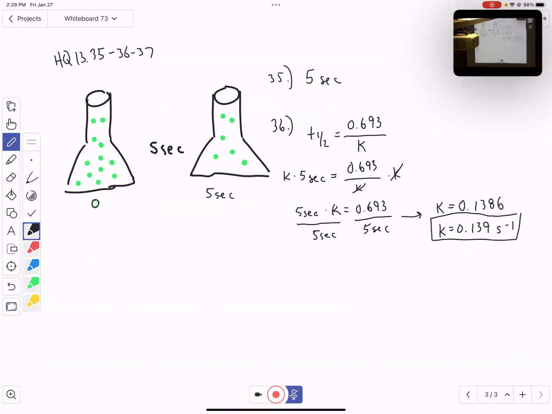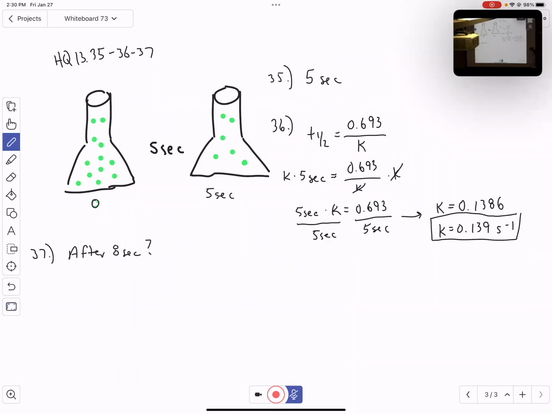And then question 37. Question 37 is a good question because it's challenging. It's a little bit harder. It basically asks, how many molecules will we have after 8 seconds of this reaction? If this was a nice half-life, like if they said after 15 seconds, we could do 5 into 15.